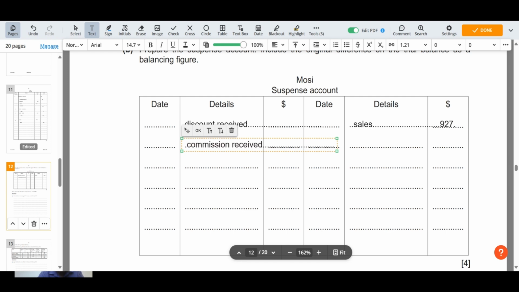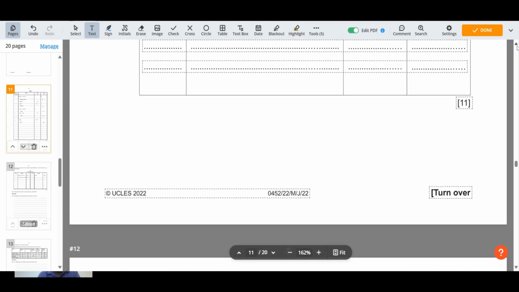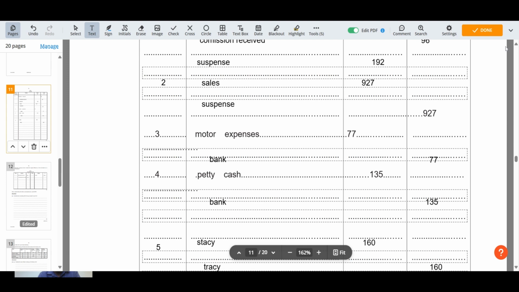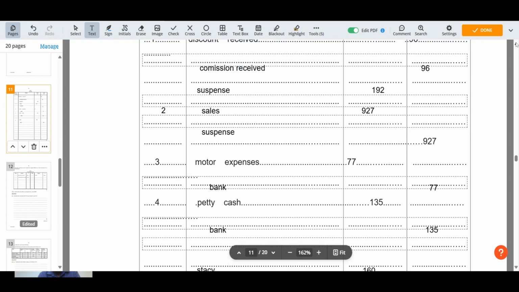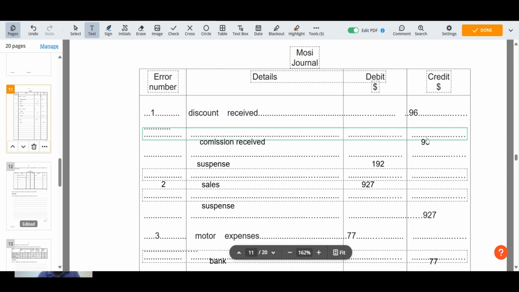They are basically 96, right? On the debit side. So on this side, we have our 96 there, and we have 96 there as well. Why? Because if you go there, you see that the total of 192, which is the total of the two, has to be on this side. So we just put these two. They're the ones that are giving us 192 that is on the debit side.